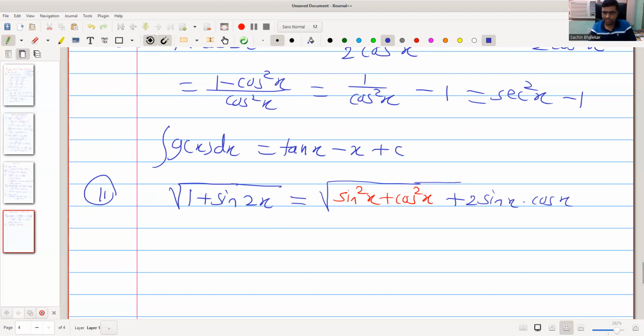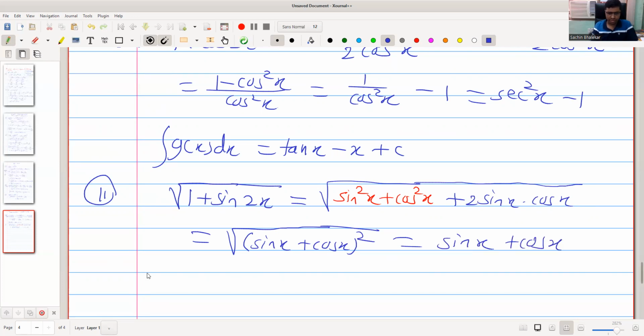Now this is of the form a square plus b square plus 2 times ab, which is nothing but a plus b bracket square. A is sine x, b is cos x. So it is sine x plus cos x bracket square, and the square root of this is nothing but sine x plus cos x. Now things are not difficult.